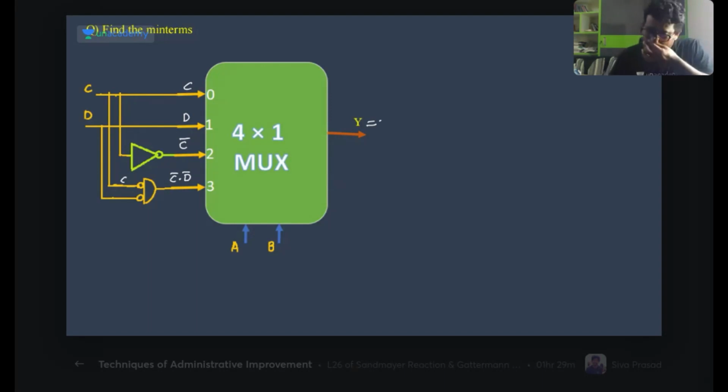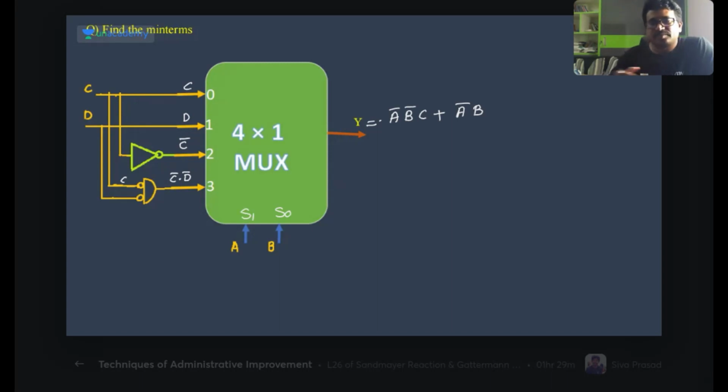Now tell me what I will get for this Y now here. This is A bar B bar into C. Next A bar, this is S0, this is S1.